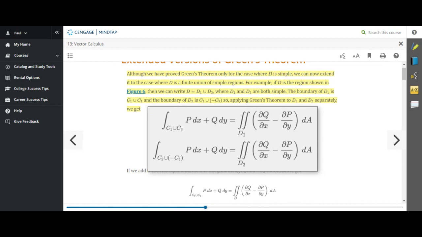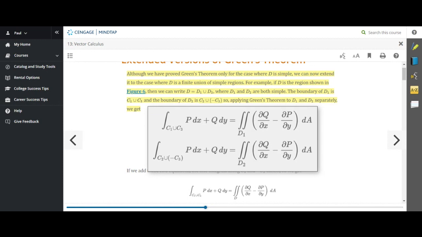Okay, and what happens is when you add those two line integrals up, the line integral over the C3 curve cancels out with the line integral over the negative C3 curve, right? Because the t limits would be switched.